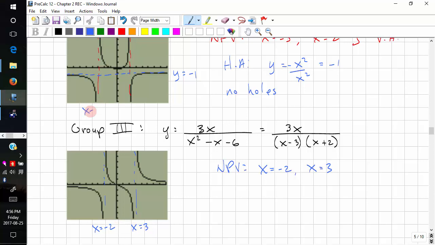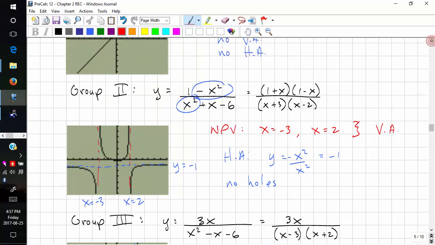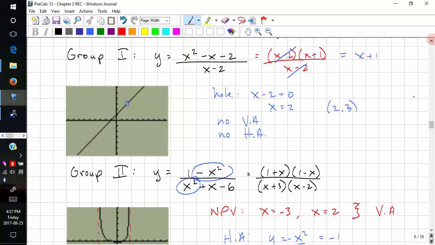These are vertical asymptotes again. And your hint was nothing cancels out.